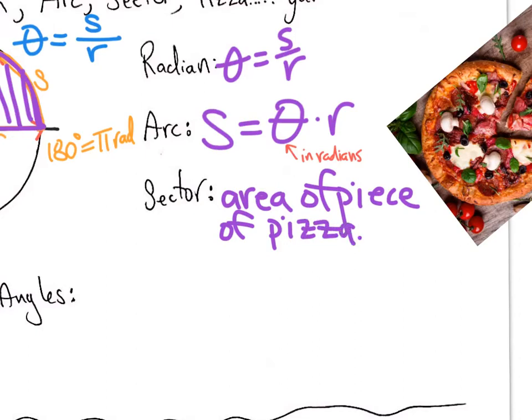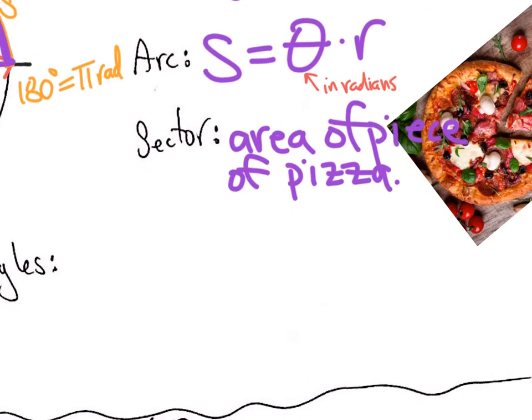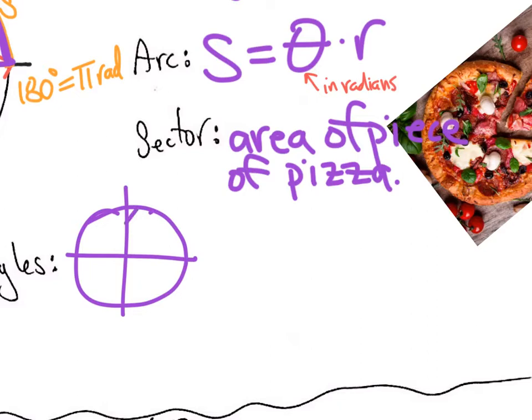And if we were to come up with a formula for that, we could consider that the piece of pizza is some fraction, and I know don't freak out when you hear the word fraction, it's some fraction of the whole. So let's look at this example.